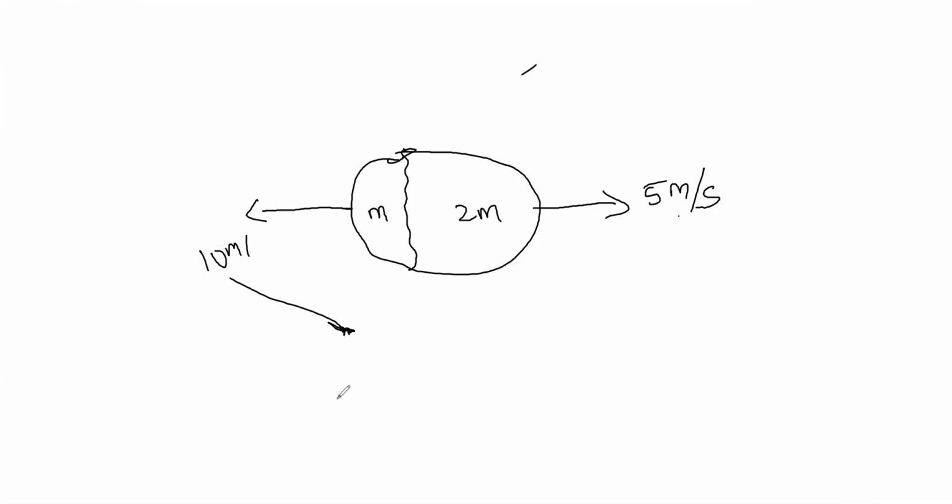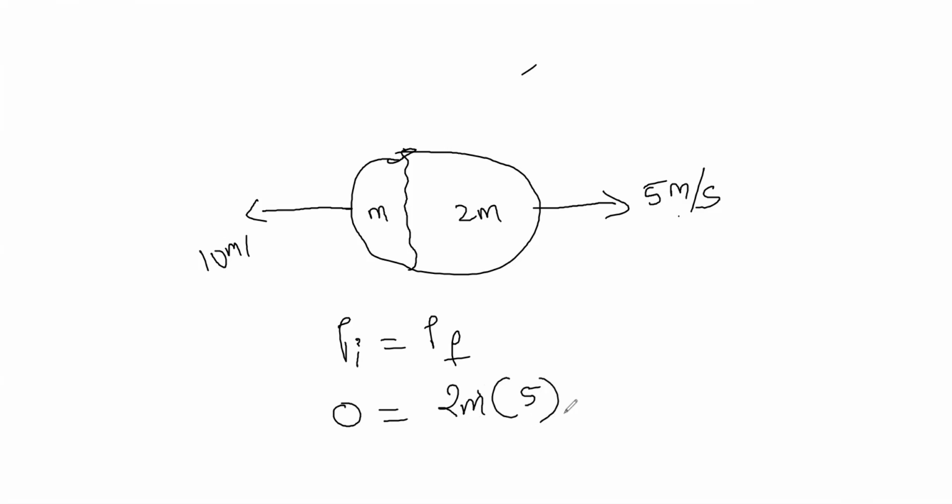So let's calculate. Same thing, P initial should be equal to P final, right? So before explosion, the bomb is at rest. Both the particles m and 2m are at rest. So initial momentum is 0. Now momentum of the 2m, that is 2m into 5, mass into velocity.